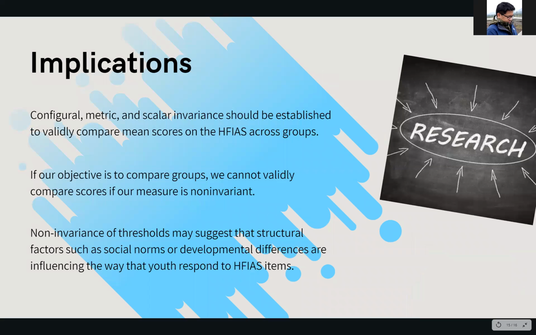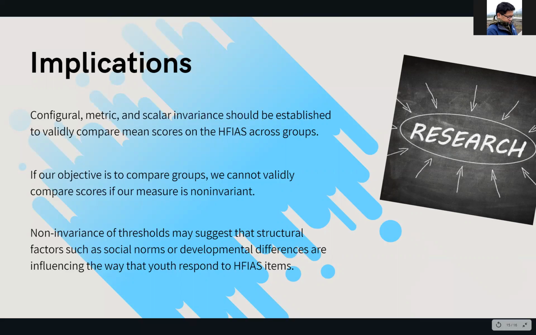In terms of implications, we have to establish invariance in order to validly compare mean scores on the Household Food Insecurity Access Scale across groups. We cannot validly compare scores if our measure is non-invariant, because non-invariance, including non-invariance of the threshold, may suggest that there are other factors influencing the way that youth respond to the items in your questionnaire.